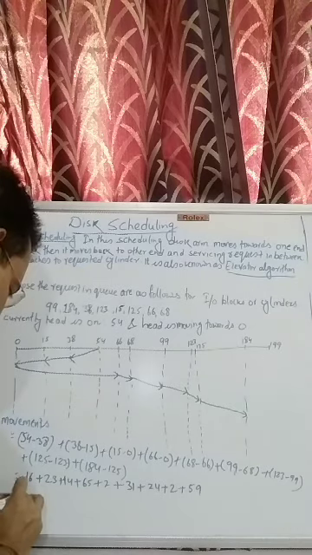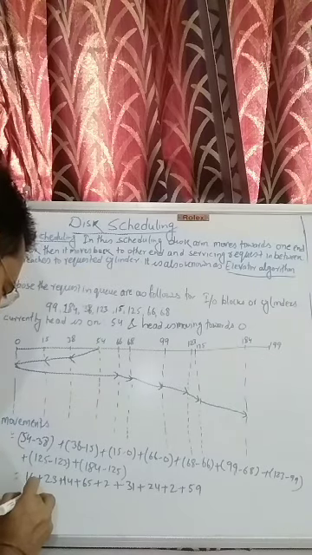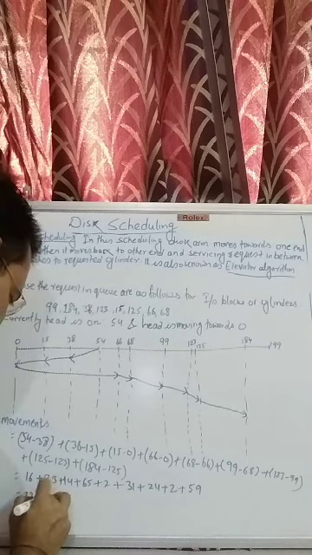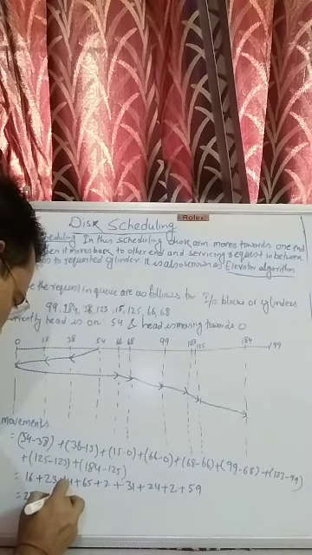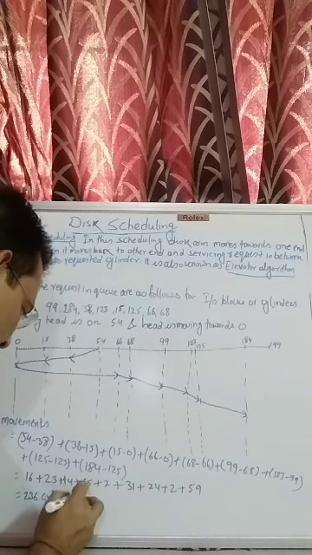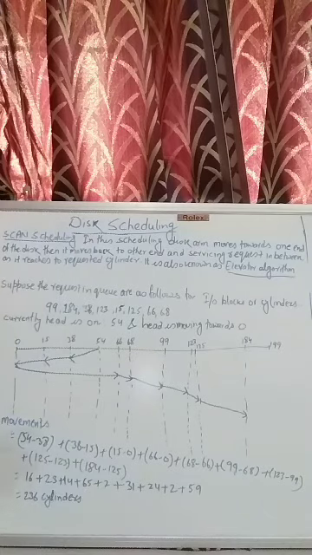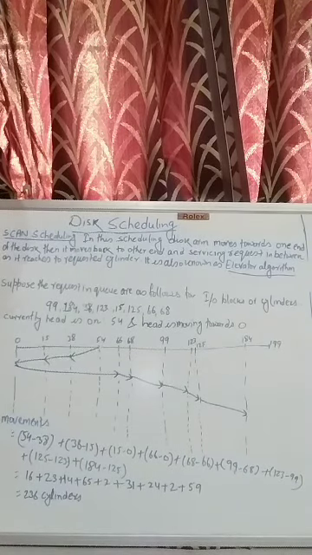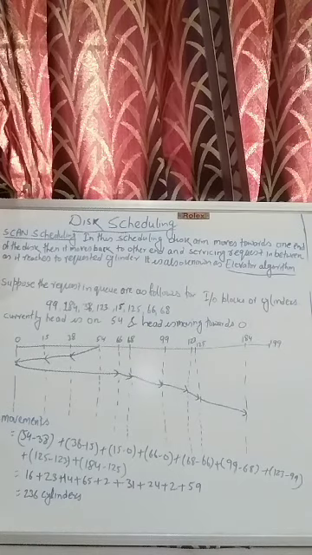So the total head movement in this is 236 cylinders. So this is the scan scheduling.